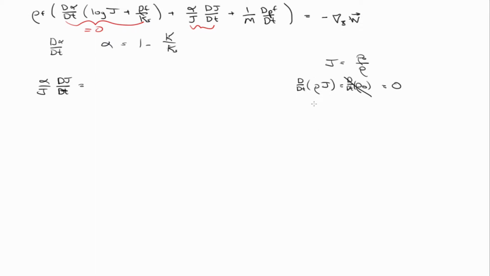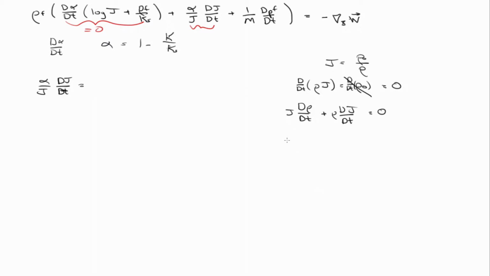Okay, so then we have D rho Dt times J plus rho DJ Dt. That's equal to 0. Right?